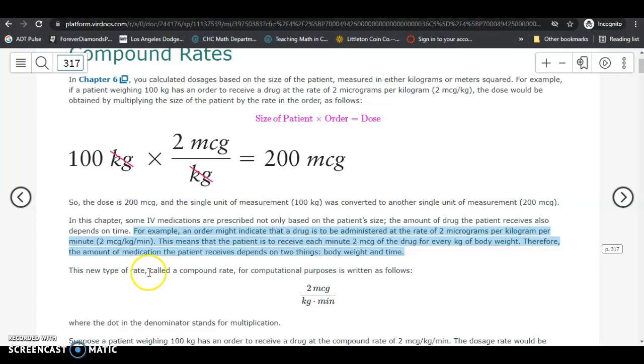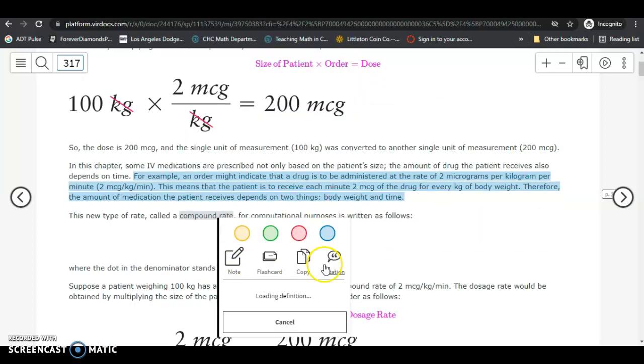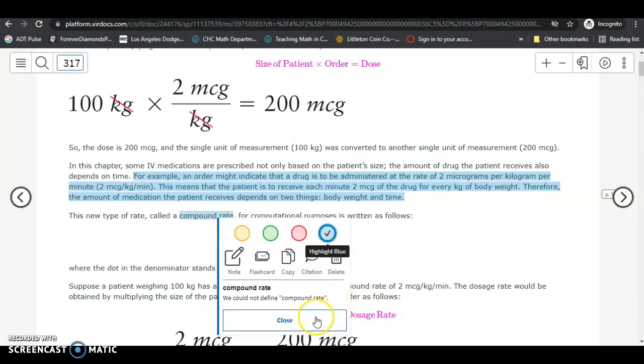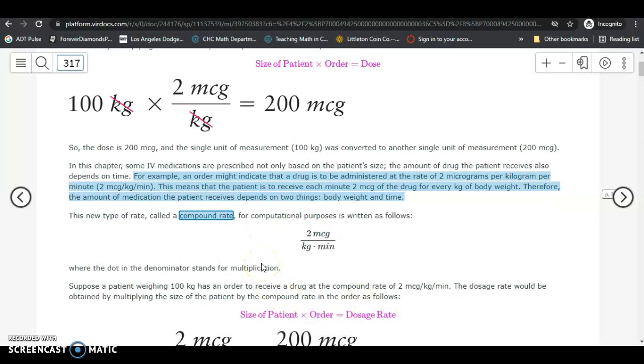This new type of rate, which is called a compound rate, for computational purposes is written as follows. If you see something like micrograms per kilogram per minute, this is a compound rate, and the way that you write it out is that the units that appear first go in the numerator, and then the other two units both appear in the denominator.